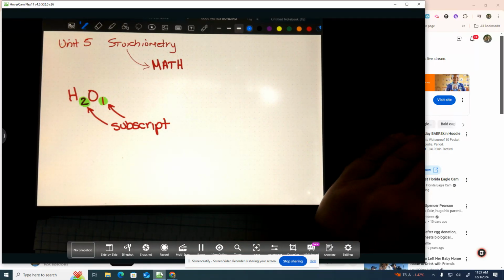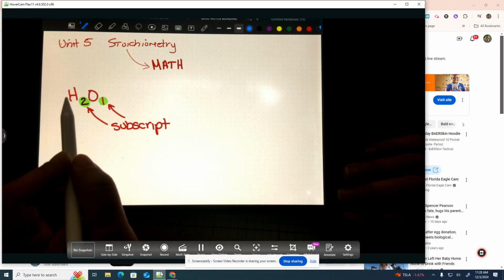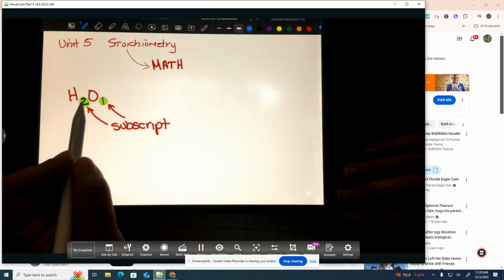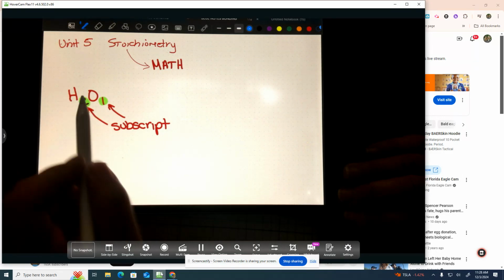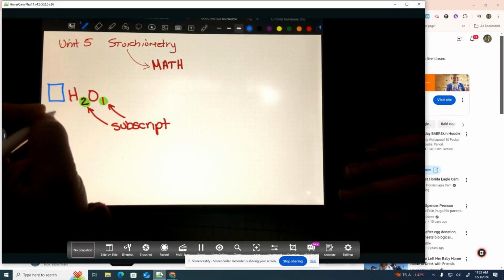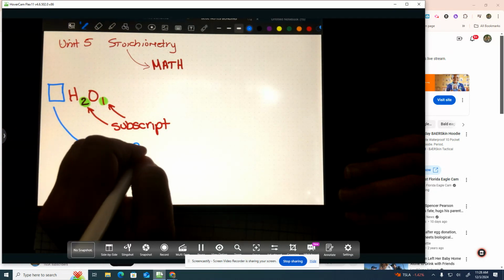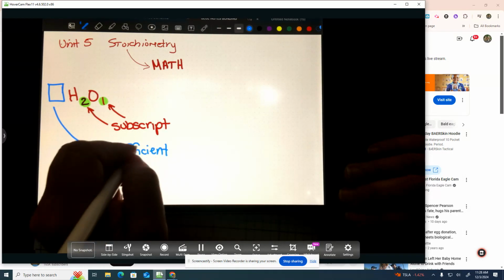Those bottom numbers tell you how many atoms are in that formula. So we've got 2 hydrogens and 1 oxygen. The number that's in front here is called the coefficient. I think you know that from math, right?